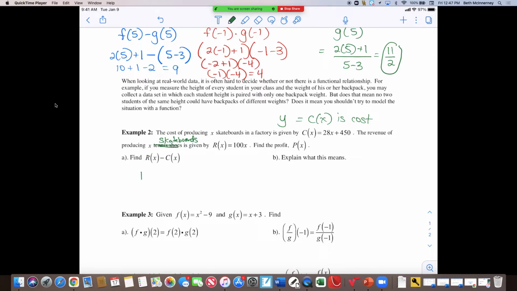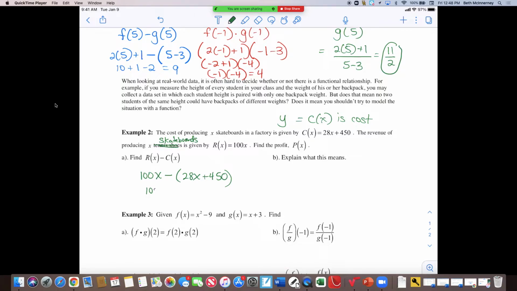So our revenue was 100x minus, now be careful here, anytime you are subtracting functions, you have to put a parenthesis around the second function because you have to subtract the entire, in this case, cost function.